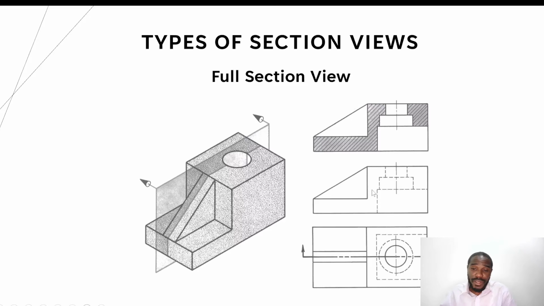This particular view is the front view, without the section, and you see that dashed lines have been used to show hidden details. In this front view, you can't see these as solid lines, but when you apply the section, all these dotted lines become solid because you can see them with your eyes.